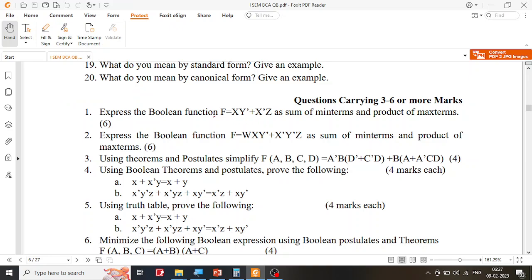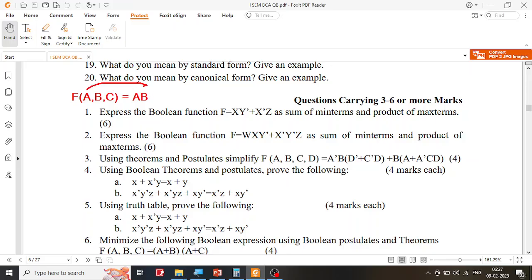Okay, so let me start with the function. So we have f of a comma b comma c. Three variables are there. Now if you write a dot b, this is a product term, no doubt, but this is not min term because not all the variables are there here.